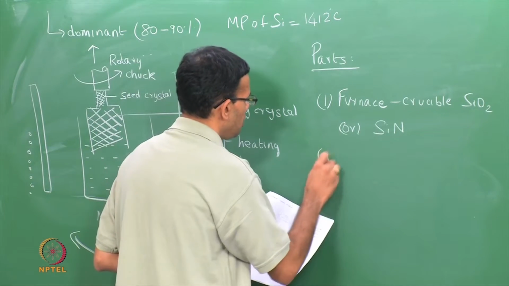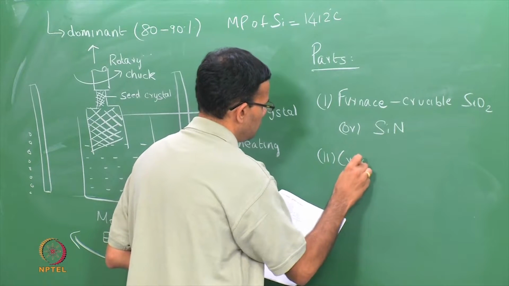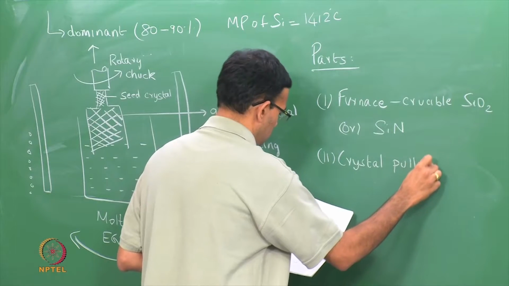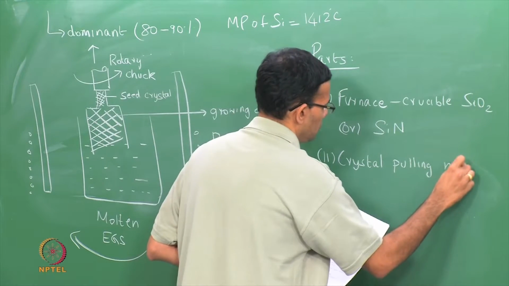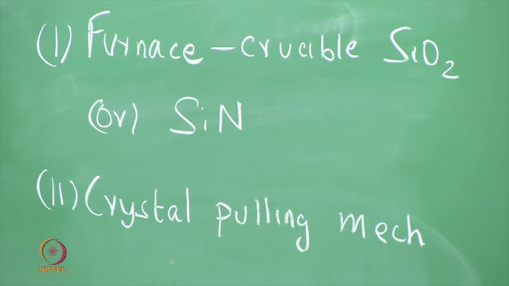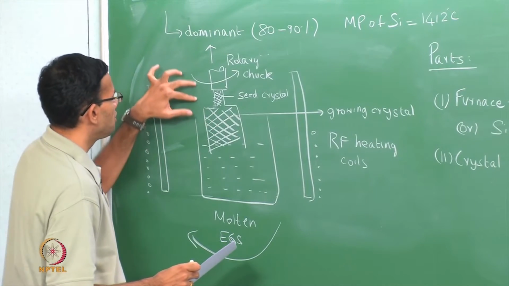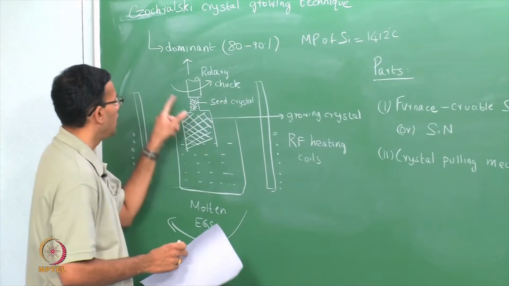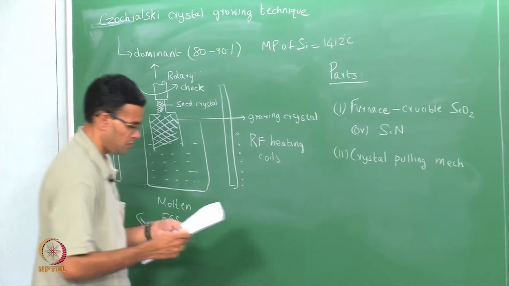There is a crystal pulling mechanism. The crystal pulling mechanism is the rotary chuck, which pulls the crystal at a rate that is predetermined by the process, and it also rotates.